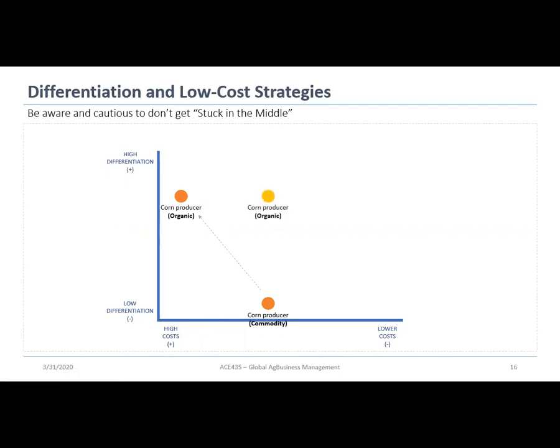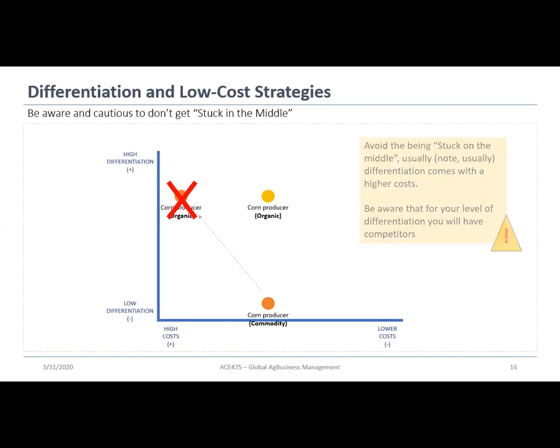No, because there are other corn producers that also produce organic corn. And in this case, for the same level of differentiation, this little guy here has a better cost advantage. So be aware, and therefore in the long run, you wouldn't succeed, even differentiated compared to commodity production.